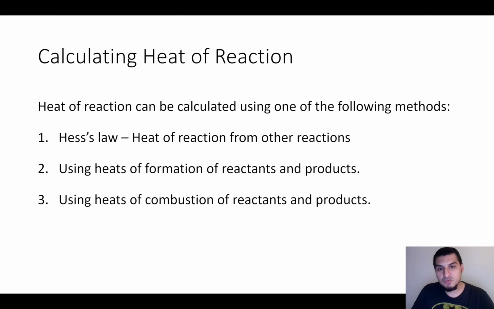Whether we change the phase, change the coefficients, or multiply by a factor, whatever the change that we make, it's just a change in the same reaction. But now we want to calculate the heat of reaction without knowing the heat of the same reaction at different conditions. We have three methods: Hess's law, using the heat of formation, and the heat of combustion. So these are going to be the topics of the next videos, inshallah.